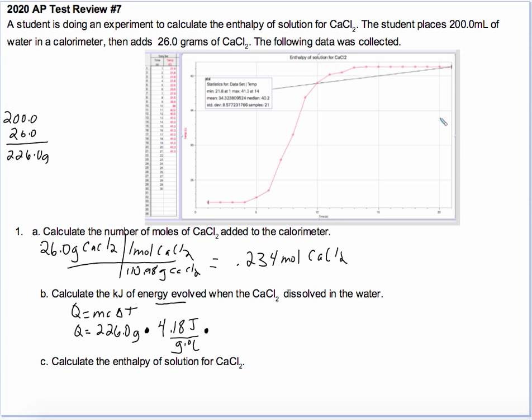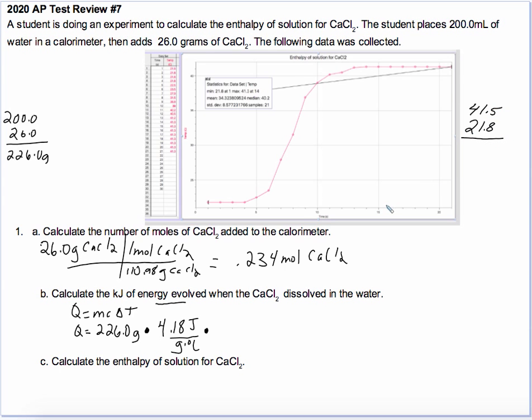times the temperature change. Okay, temperature change is a place where AP might check to see if you do significant figures correctly. And so basically it started off at 21.8. That's where it started, 21.8. And it ends up going to 41.5. I know it's a little bit hard to see, but 41.5.